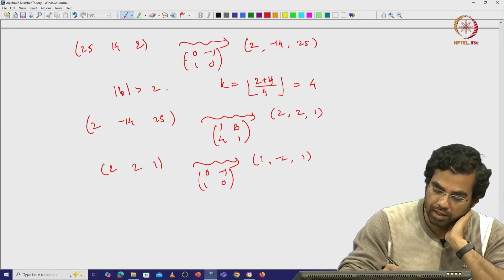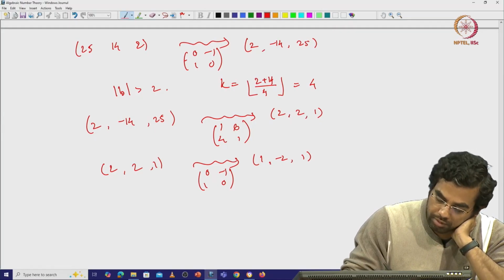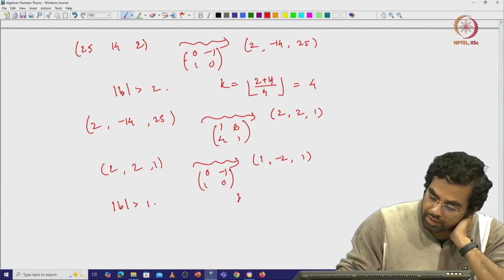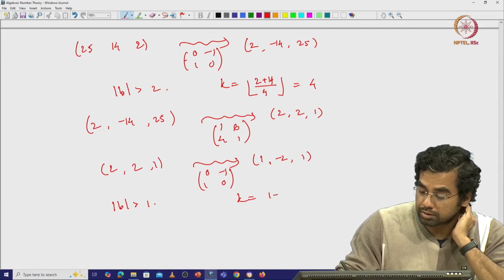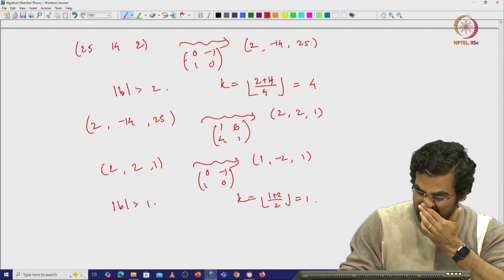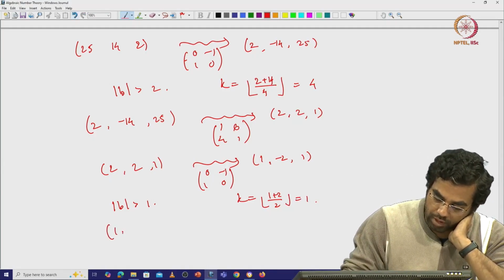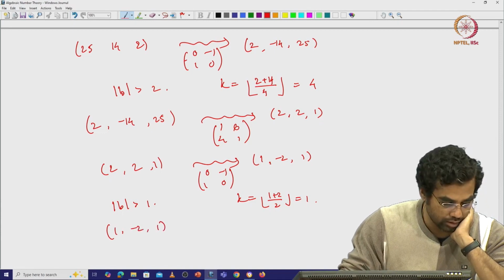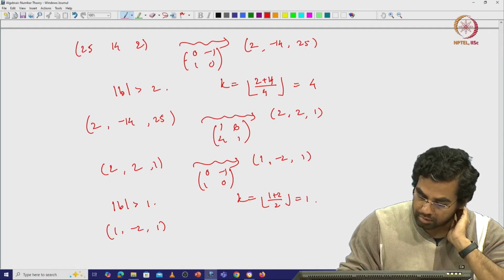And so, again we are in the same issue that |B| is bigger than 1. So, you let K be the floor of (1 + 2) / 2, which is 1. So, you replace (1, -2, 1) by... I think I did something wrong.